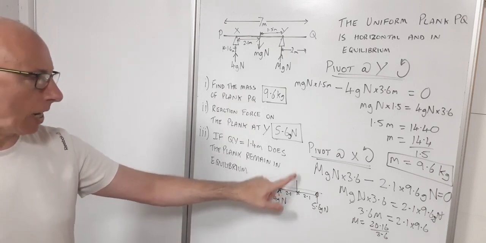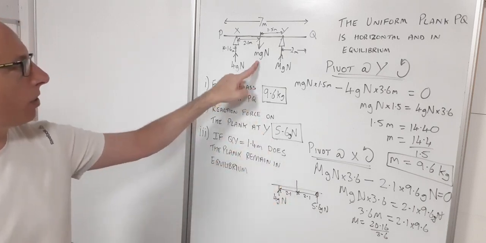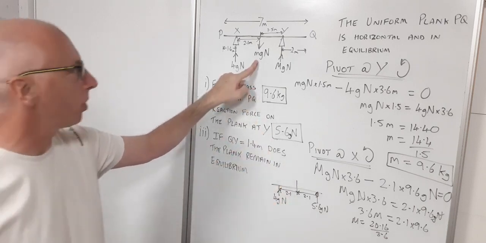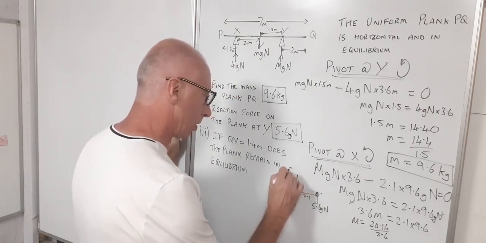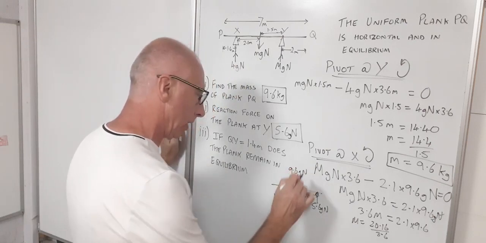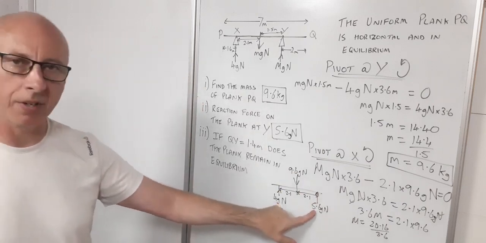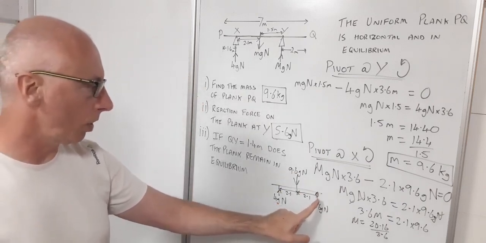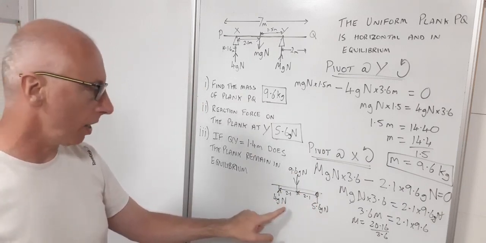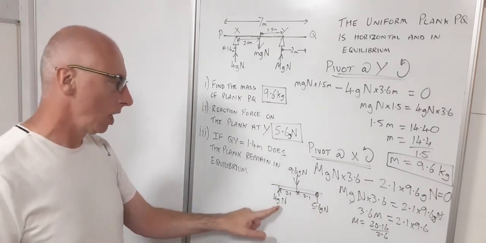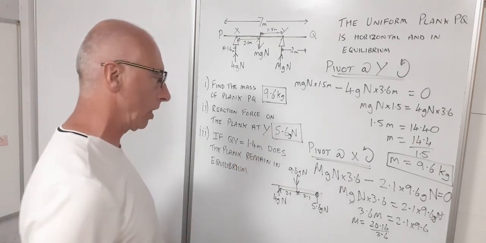And the force acting down still remains constant. 9.6 was m, so 9.6g newtons. That's the force acting downwards. Now here we can see the forces are different. There's more force upwards than this force here on the left hand side. So this 5.6 is obviously greater than 4. So there's more force going in this direction.